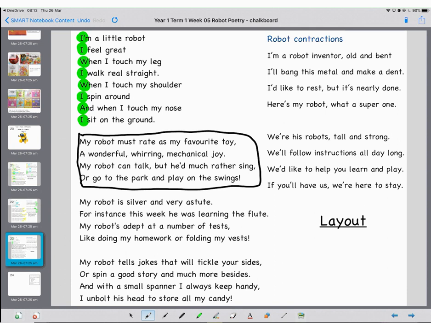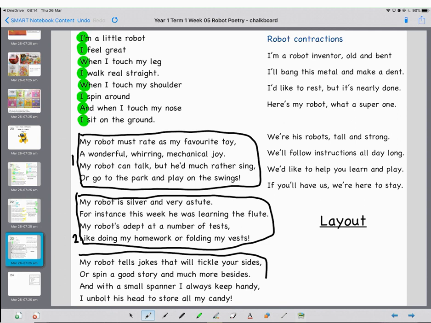Okay, so in the second poem, there are 3 stanzas, so you've ended up with stanza 1, stanza 2, and stanza 3.